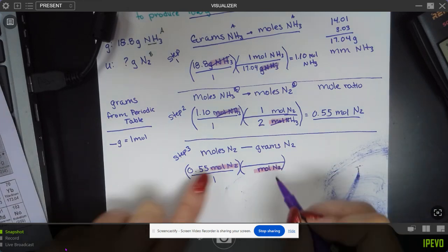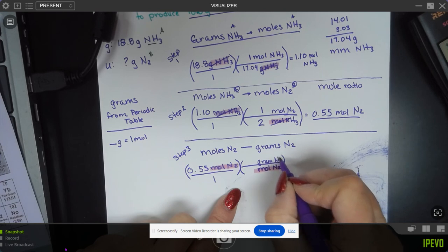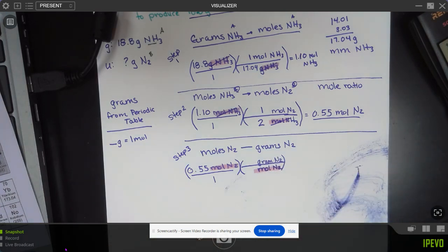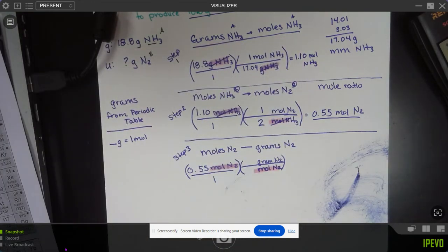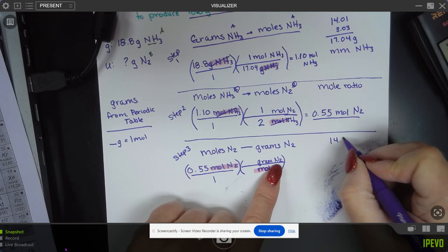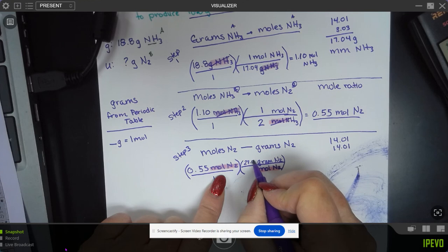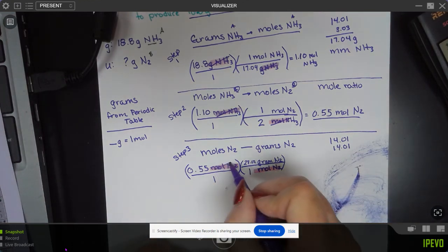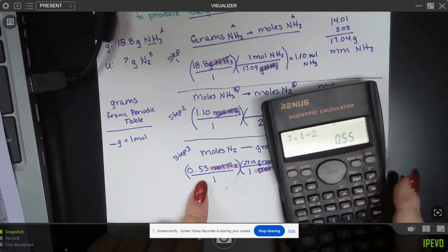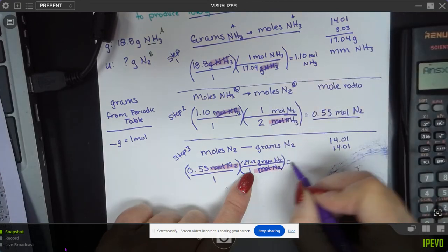And then what I'm looking for, grams of N2, goes on top. Anytime I need grams, I have to look at the periodic table. So again, nitrogen's molar mass is 14.01. I have N2, so that's 28.02. When I have grams, moles is always 1. My units are going to cancel. I take 0.55 times 28.02, and I get 15.41 grams of N2.